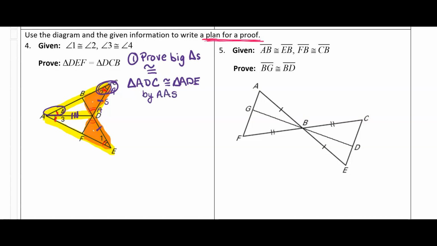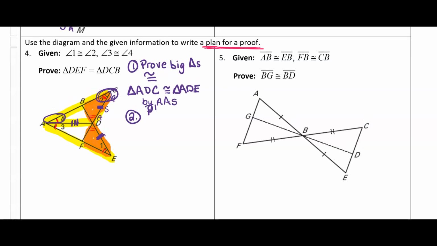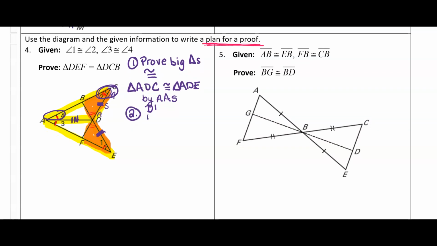side, those are congruent. So step 2, since those big triangles are congruent, we know this one and this one by CPCTC. So we have DE is congruent to DC by CPCTC.